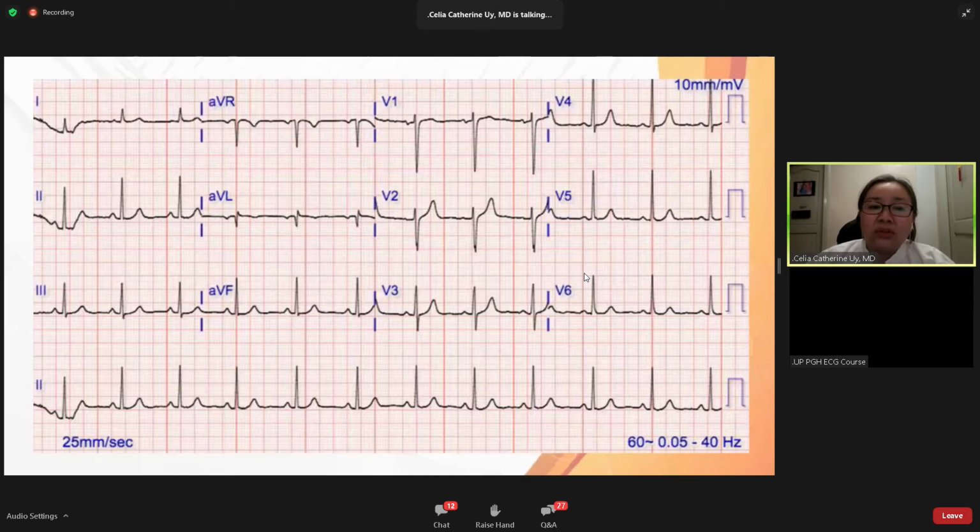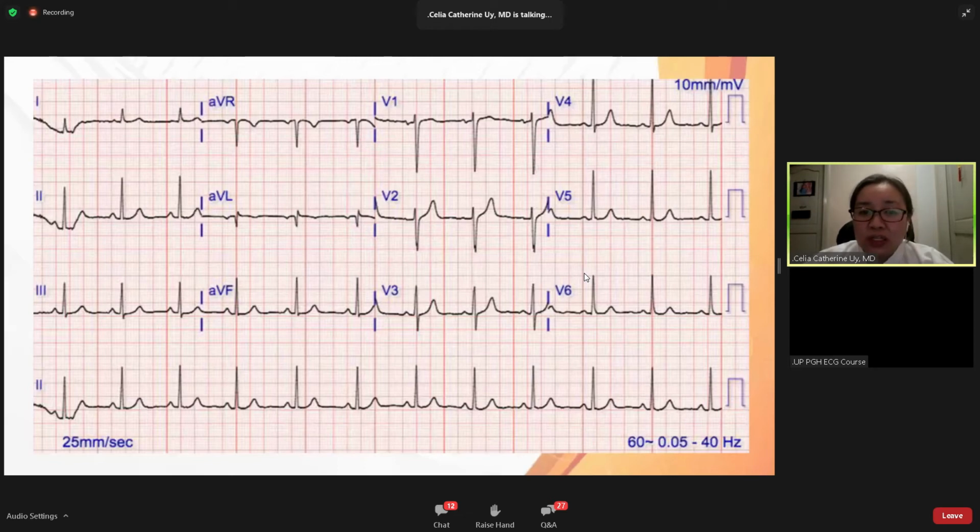And again, most of you got this correctly. So the axis here is about, anybody care to guess? It's definitely between 0 and 90 degrees, but here we're looking at an axis of about positive 30 degrees.